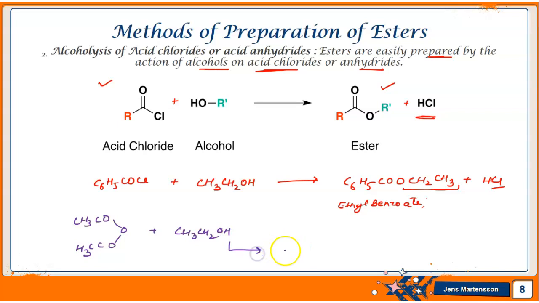It leads to the formation of ethyl acetate, that is CH3COOCH2CH3. Correct? That is your ethyl acetate plus CH3COOH is released as a side product when we are using acid anhydride. Correct? And this is how your alcoholysis of your acid chloride and acid anhydride occurs.